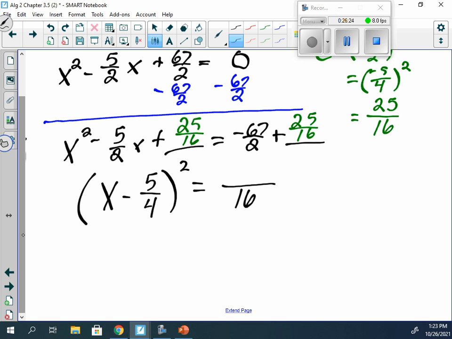So we'd have to multiply negative 67 halves by 8 on top and bottom, so that we both have a denominator of 16. And once we do that, we would combine it, telling us that it's negative 511 sixteenths. I didn't do that in my head. I calculated that this morning.